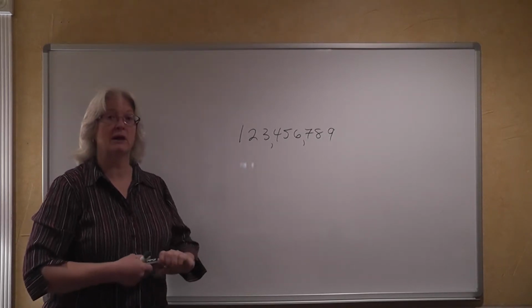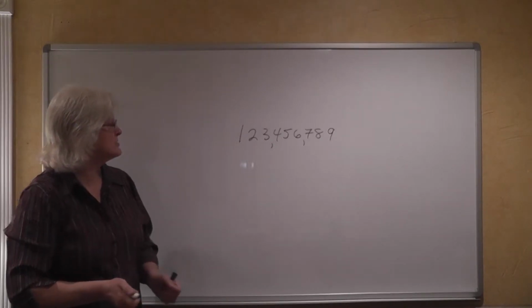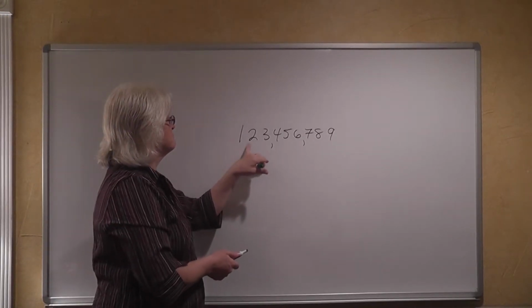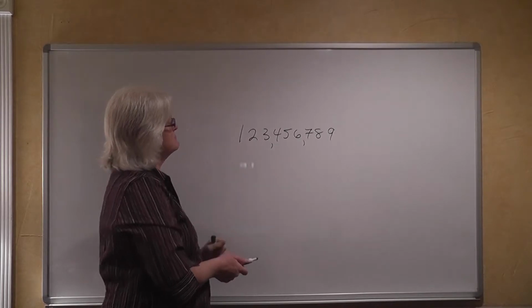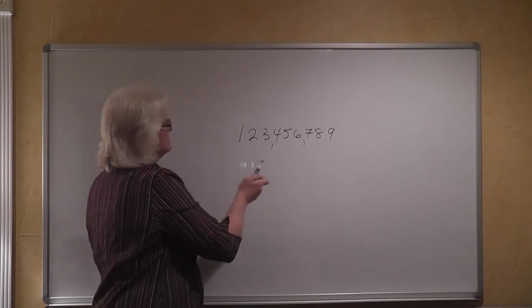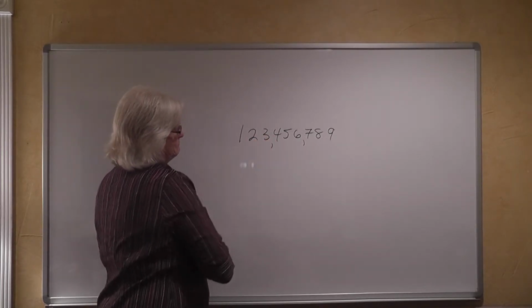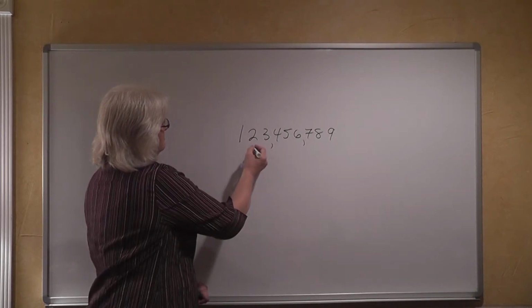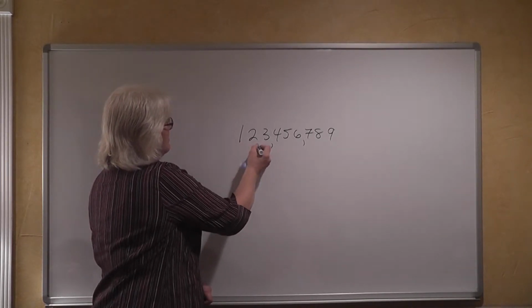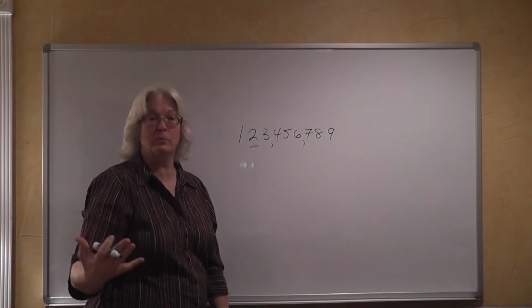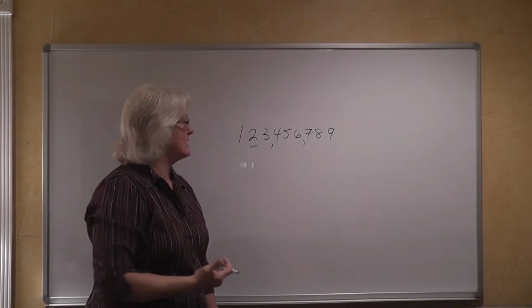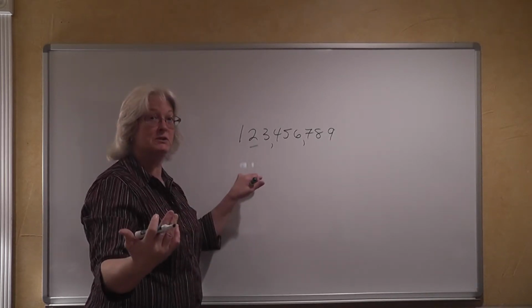First, let's round to the nearest 10 million. See, that one's going to be a little bit too big to follow the example that I just gave you, but I still want to show you.